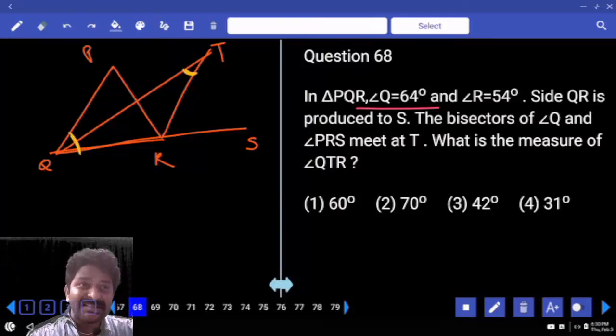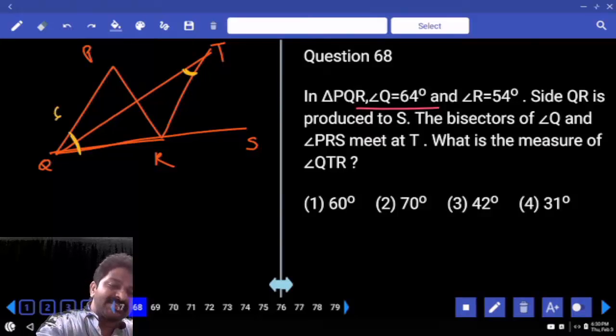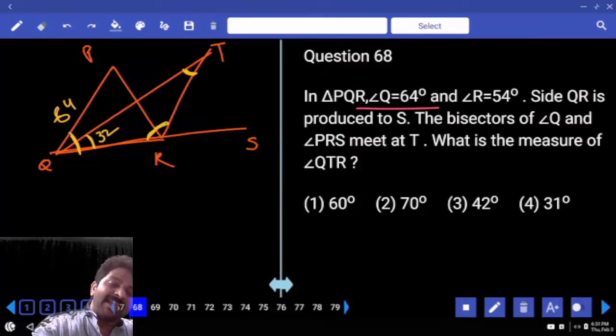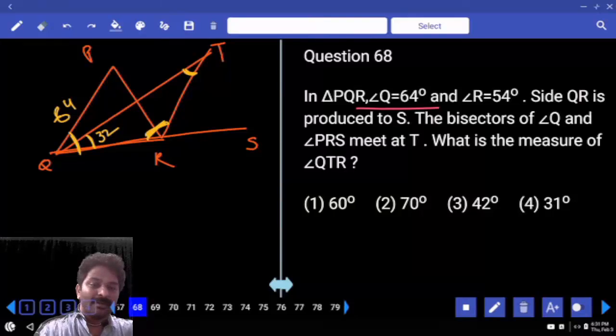This is an angular bisector, right? So if it is 64, the internal angle for QTR becomes 32 only. If you can measure the angle at this place, 180 minus 32 minus angle at R will give you the answer, right?